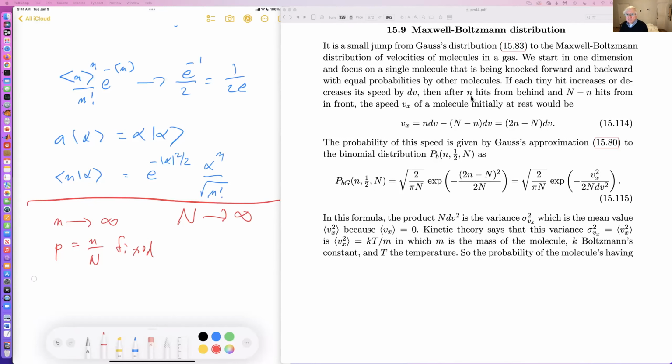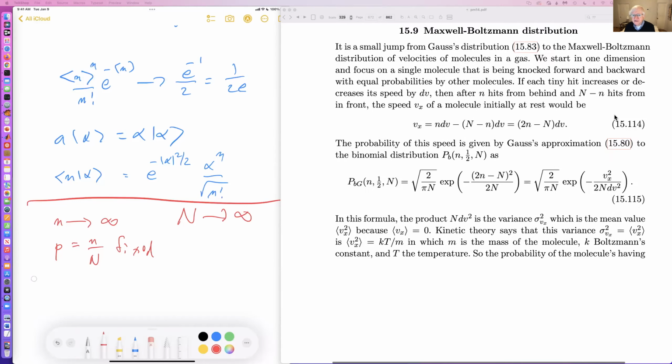So then what Gauss's distribution gives us is, of course, the Maxwell-Boltzmann distribution of velocities of molecules in a gas, or of so many other things. If we start in one dimension, imagine one molecule is being knocked forward and backward by other molecules.